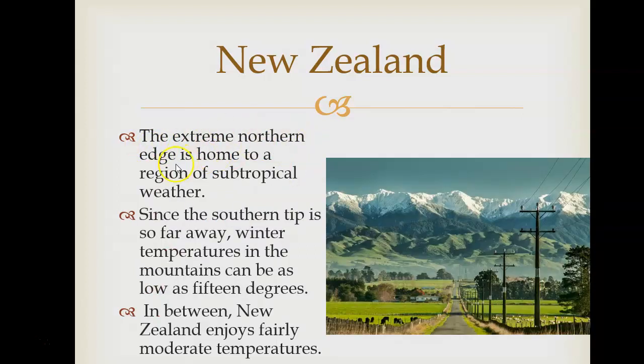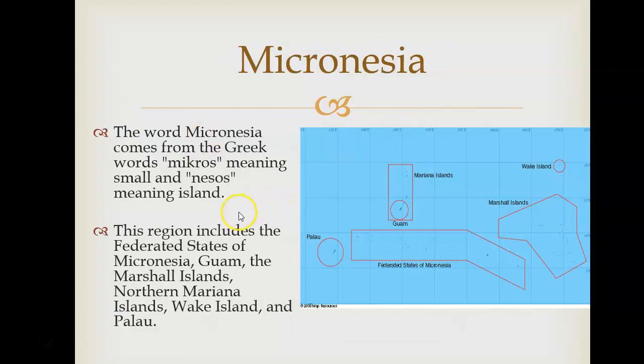The northern edge, you have subtropical weather. The southern tip is much further away, so you have mountains in that area, so you do have a really wide variety of climates. But the majority has fairly mild, moderate temperatures.